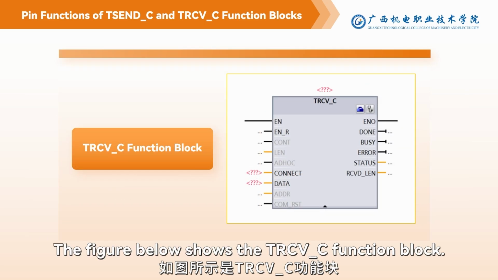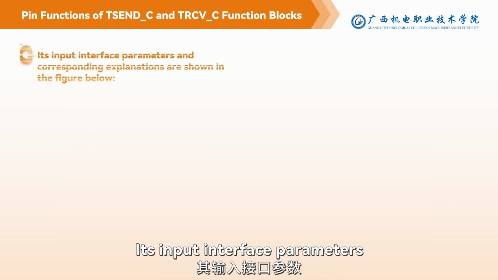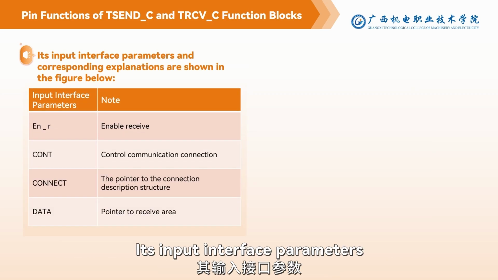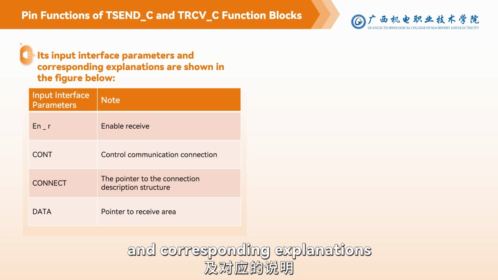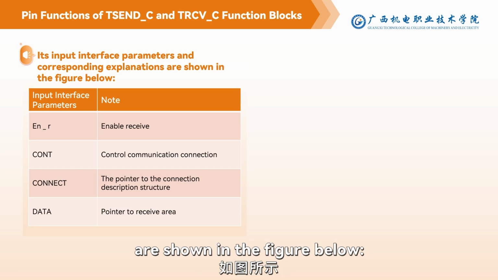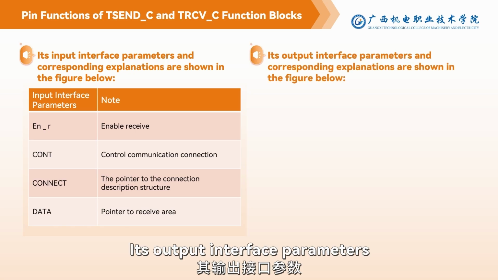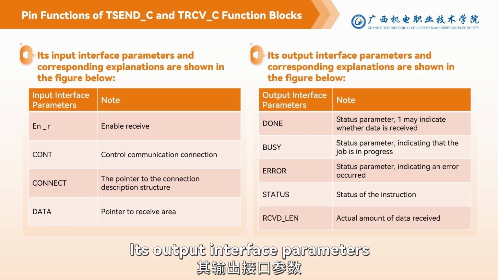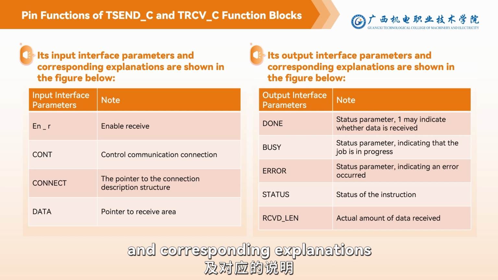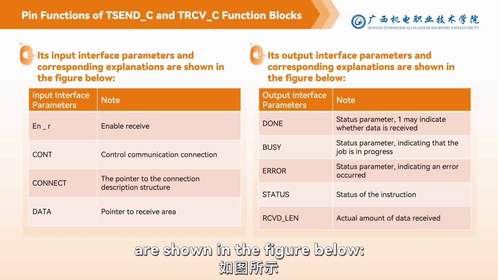The figure below shows the TRCV_C function block. Its input interface parameters and the corresponding explanations are shown in the figure below. Its output interface parameters and the corresponding explanations are shown in the figure below.